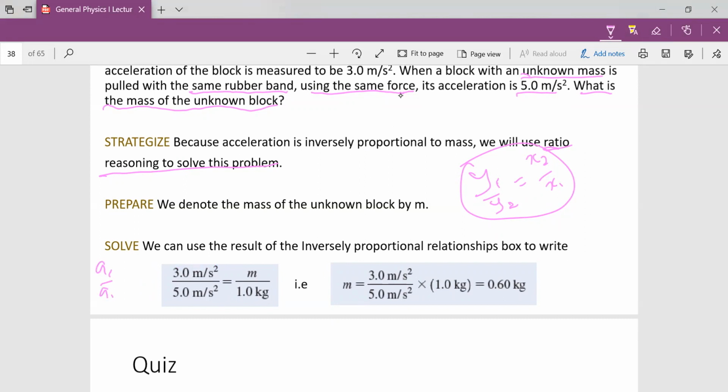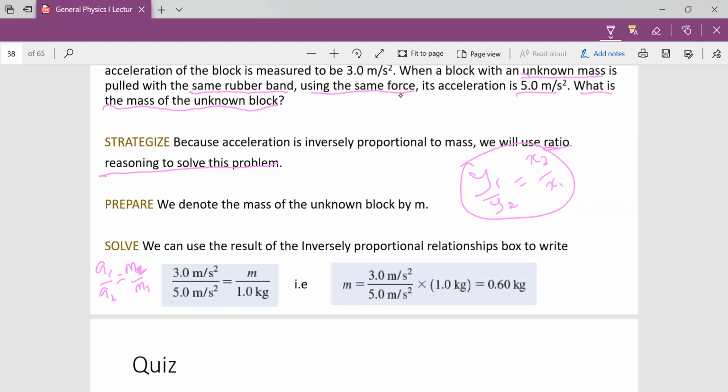A1 over A2 is equal to M2 over M1, inverse proportionality. A1, A2 is given. M2 is what we're looking for.